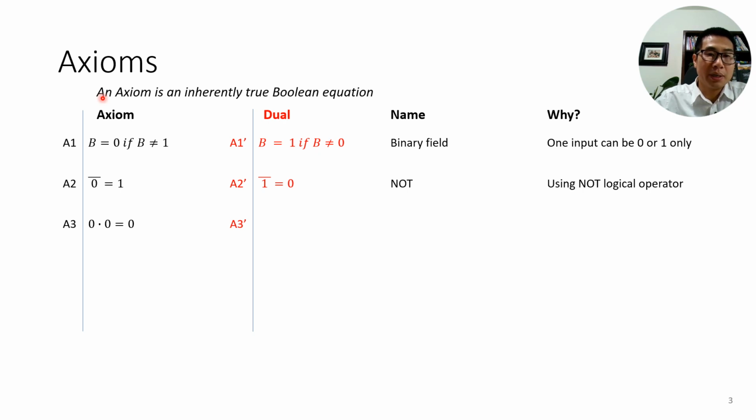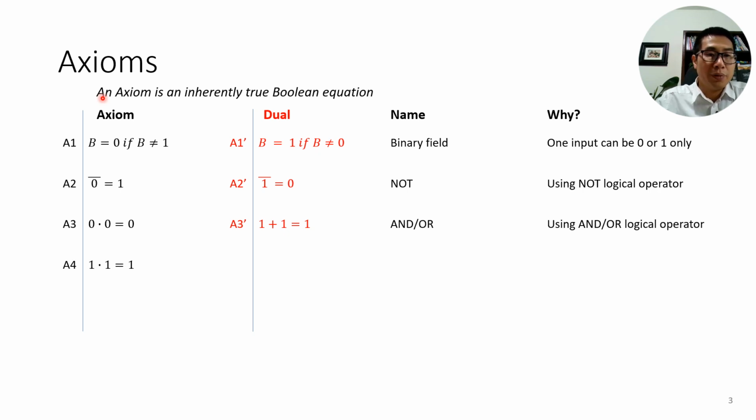Its dual form is 1 OR 1 is 1, or 1 plus 1 is 1. So this one is the OR operator, not the plus operator. Then this one is using AND and OR logical operators.